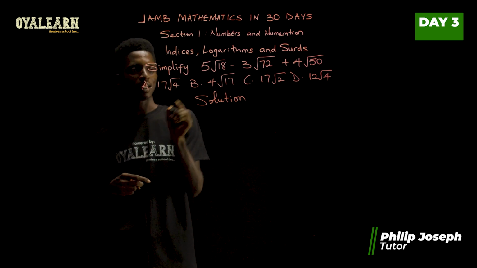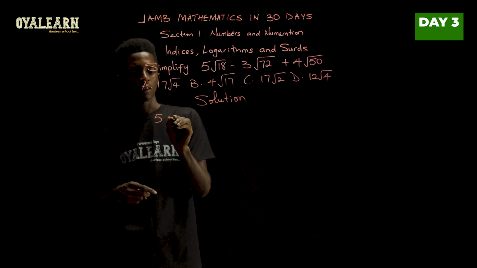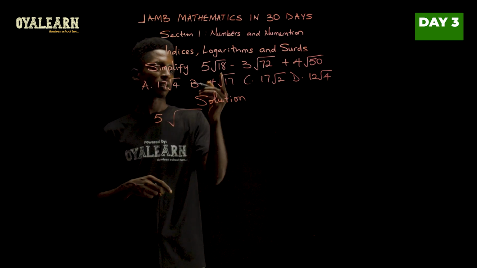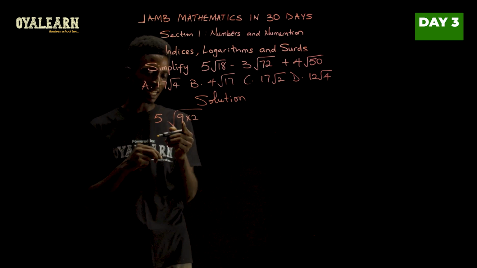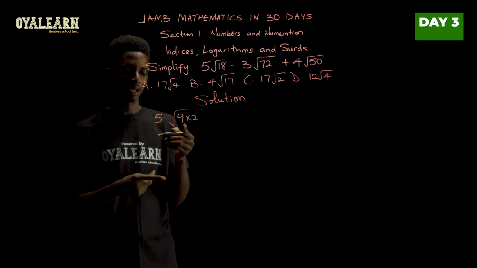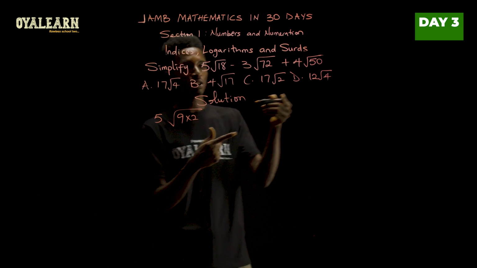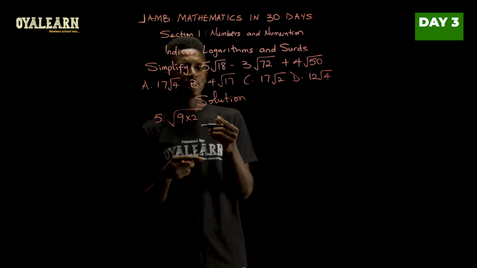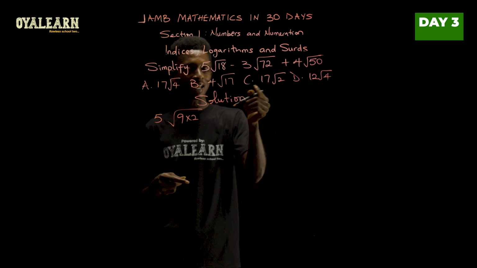So we can then say, in this case, 5 into surd 18 can be expressed as 9 times 2. Now, you see that 9 is a perfect square, while 2 isn't. So that tells us that our answer will be in surd 2, right? Now, for those who are very fast, from here alone, they can go ahead and just know that the answer is C.